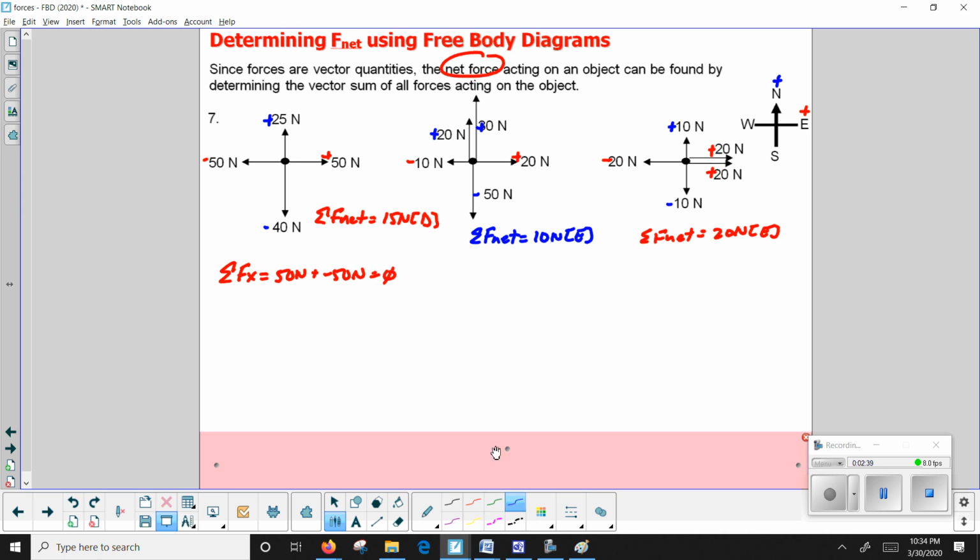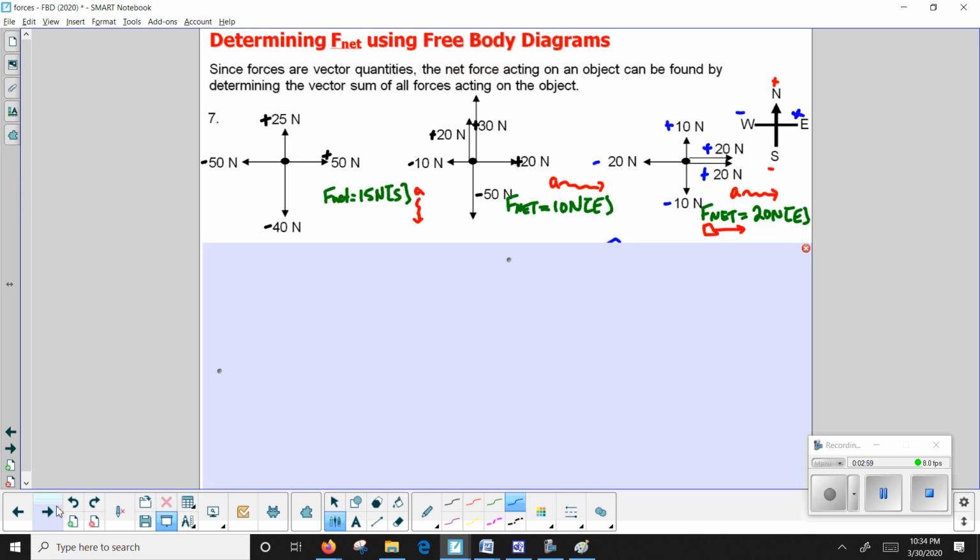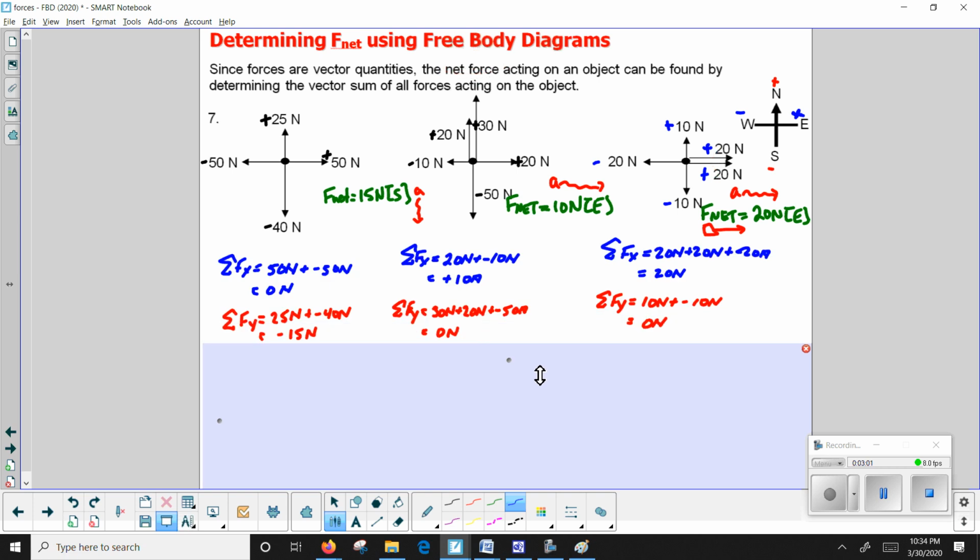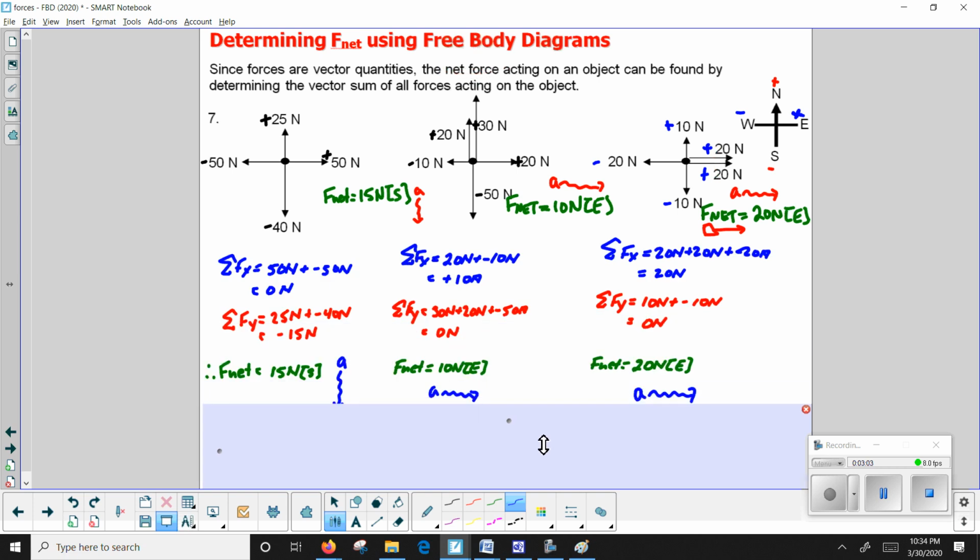And then you'd be looking at the y, and the forces in the y would be positive 25 and negative 40 newtons, giving you the 15 newtons downwards. And you did this for each of these. Again, you did this in your head, but we're going to do it mathematically over here.